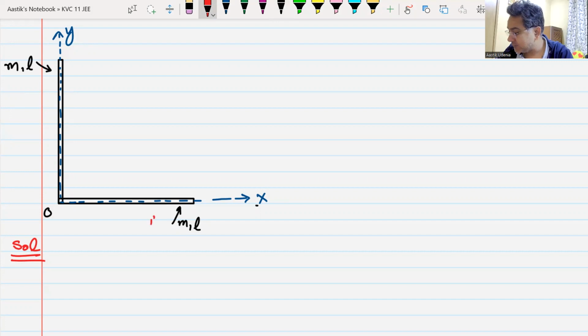So how are we going to do this? I will call this rod number 1, and this rod number 2, and I will just apply the formula. We just had to apply the formula: summation of mixi divided by summation of mi.